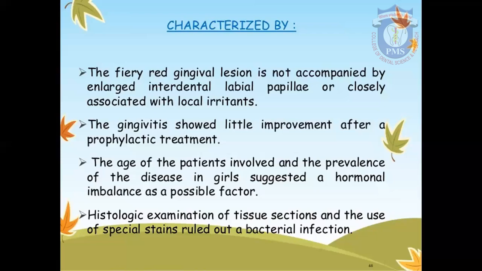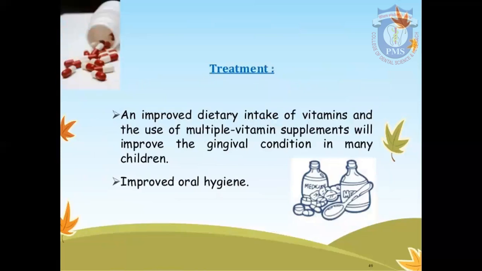Mouth breathing is often responsible for the development of chronic hyperplastic form of gingivitis, particularly in maxillary arch. So, all these factors should be considered contributory to chronic non-specific gingivitis and should be corrected in the treatment of the condition.